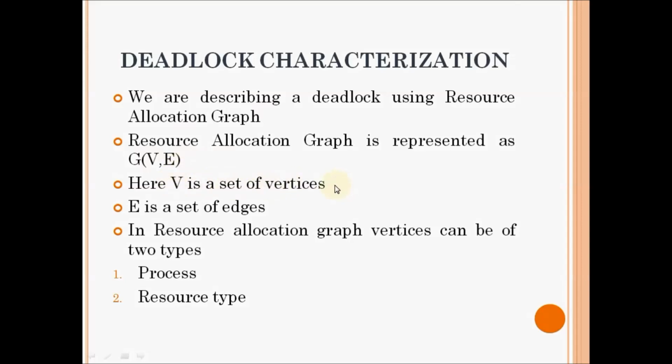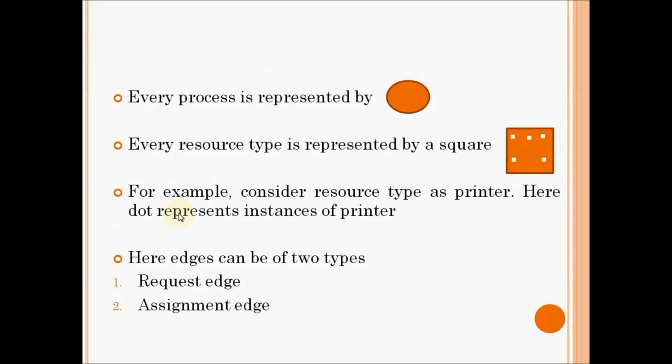A graph contains a set of vertices, denoted as V, and it contains edges, denoted as E. So a graph is a set of vertices and edges. Vertices are denoted by V, edges are denoted by E.